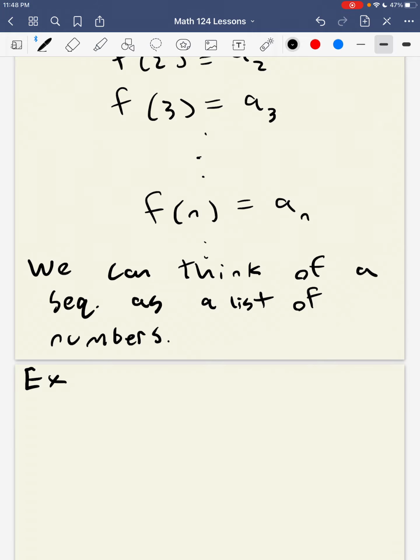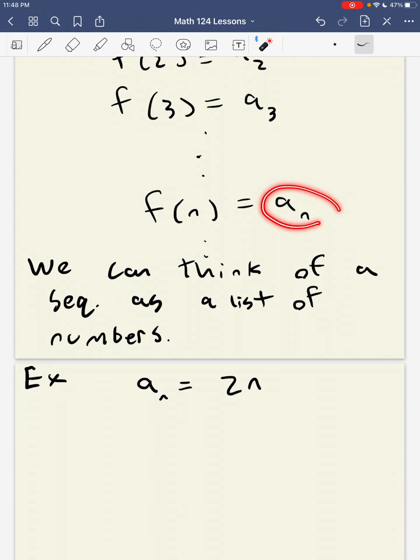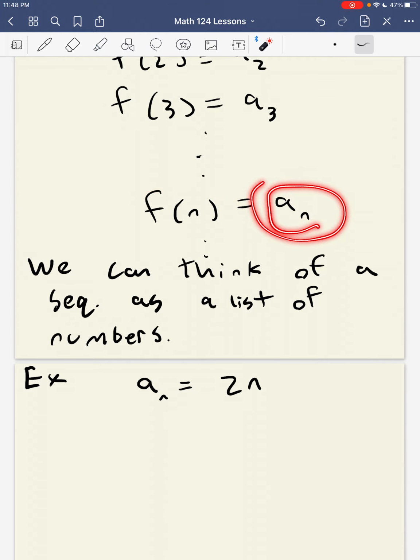Consider the sequence given by the function where a_n equals 2n. And so we typically use this symbol for a sequence. Instead of writing f of n, when it's a sequence, we usually write it like this, a_n.